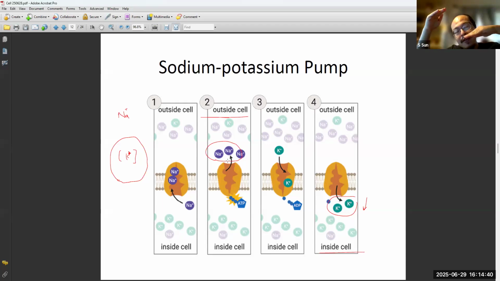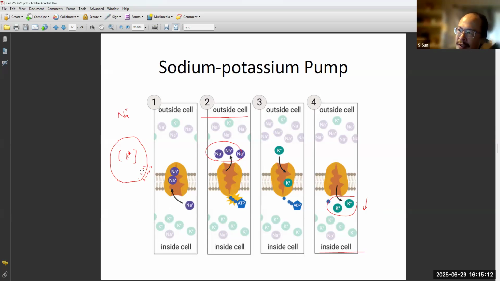Gradually you build that polarity difference. And so inside is not so positive, but you have more positive outside. So you create that polarity. That's the second consequence, because these two numbers are not the same: 3 out, 2 in.